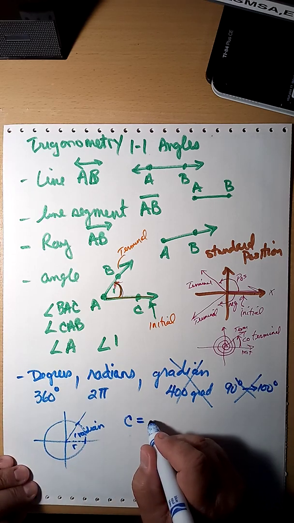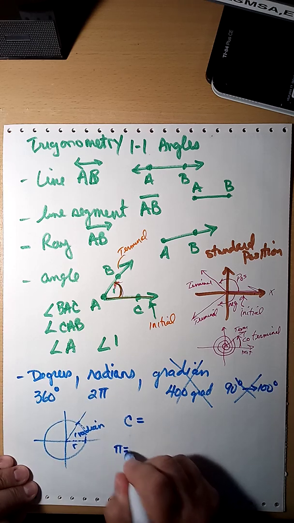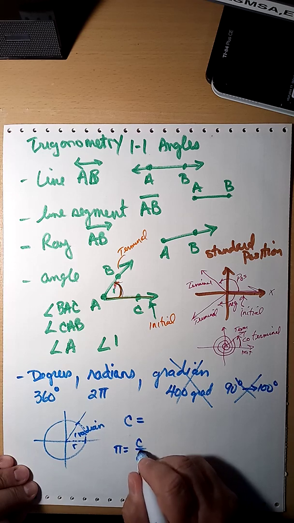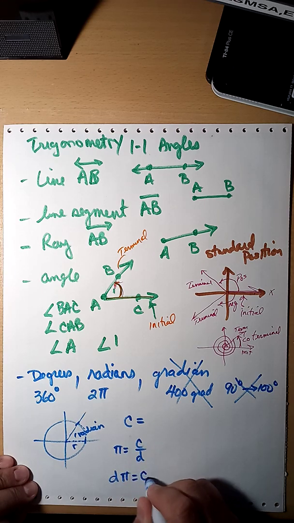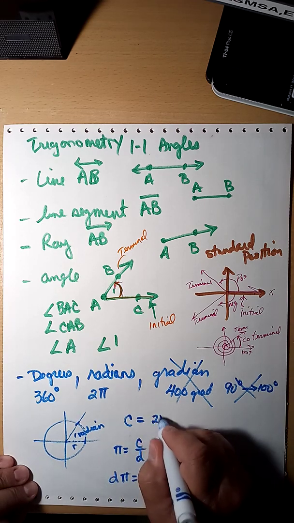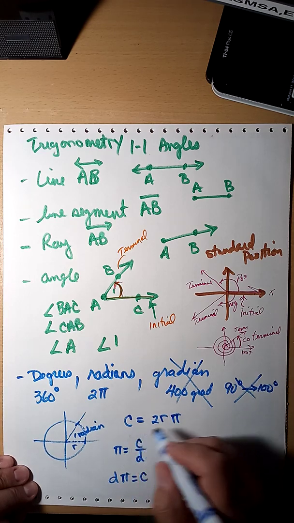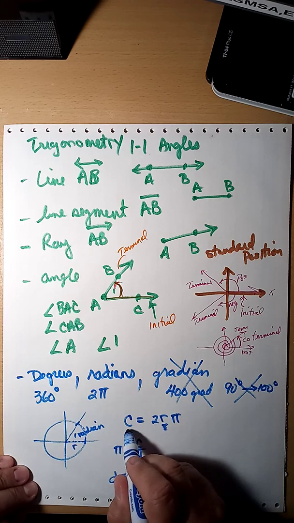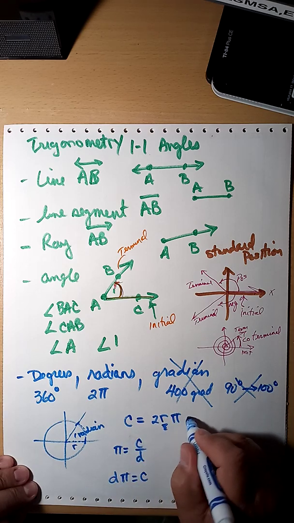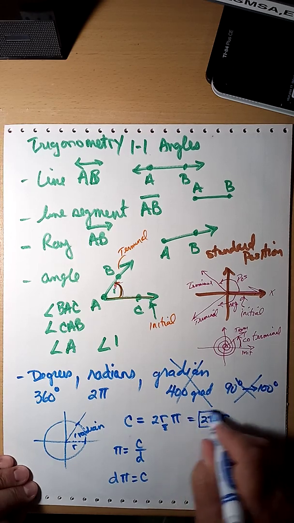How do you figure out a circumference? Well, remember, pi is the ratio of the circumference to the diameter. So the circumference is really the diameter times pi. But the diameter is really 2 radiuses times pi. So the question of how many radiuses are in the circle, the circumference, there are 2 pi radiuses in a circle.